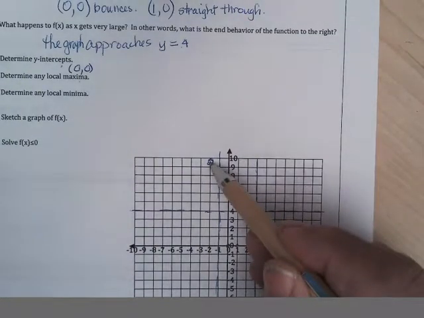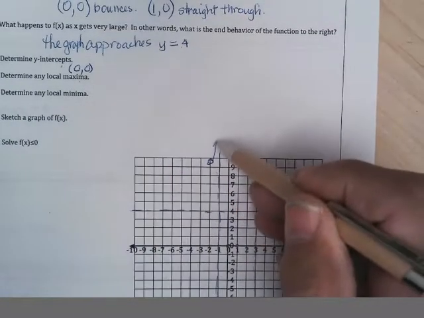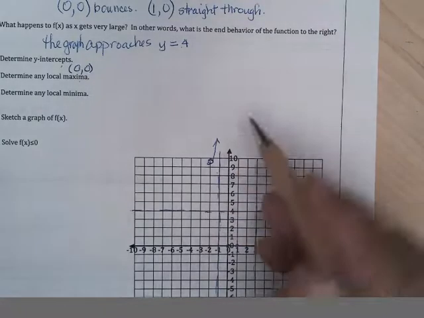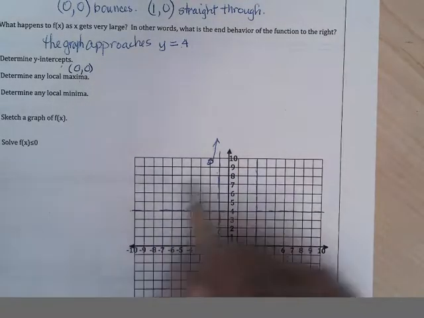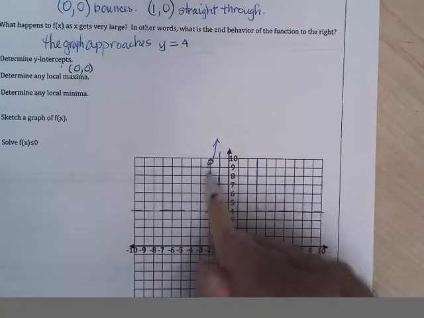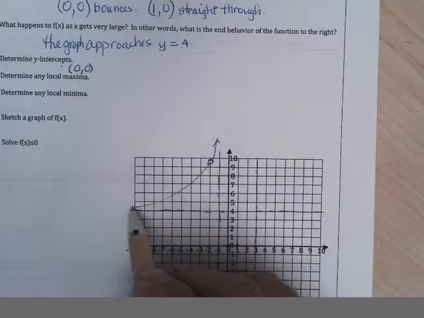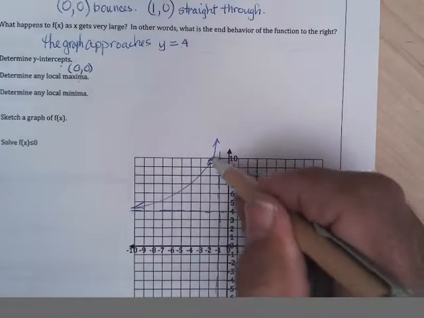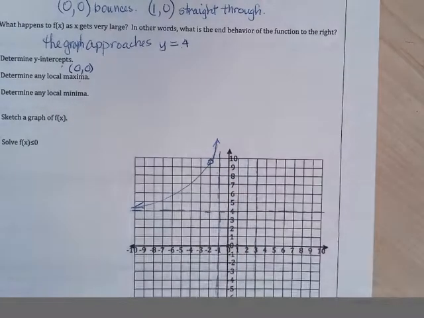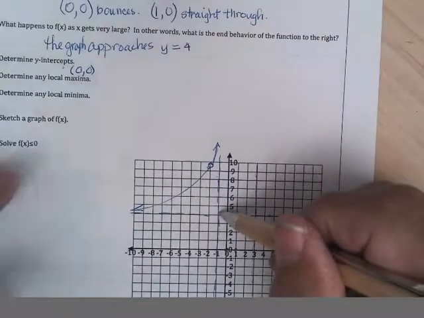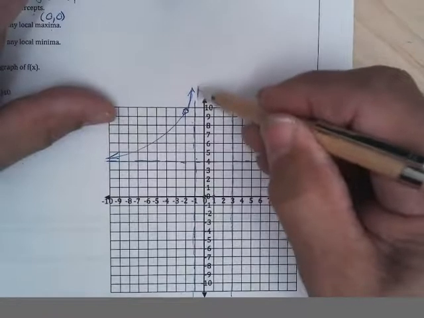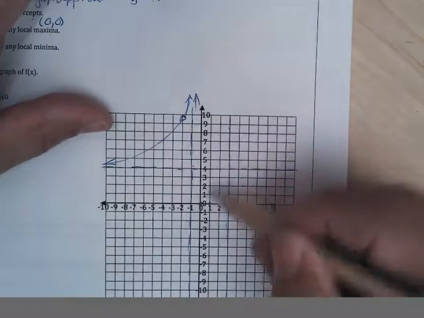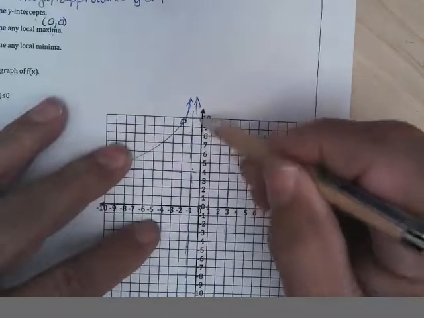So now, what does it look like? Well, if there's a hole up here, it's probably going to approach this asymptote on this side, and in the long run it gets close to 4, so it probably goes like this. This is without even looking at the graph. And at -1, they went the same direction on either side, so it must come from above and come down and bounce at 0, it said.